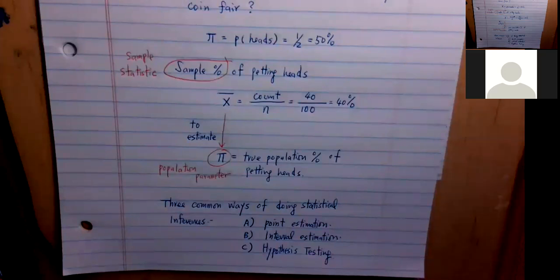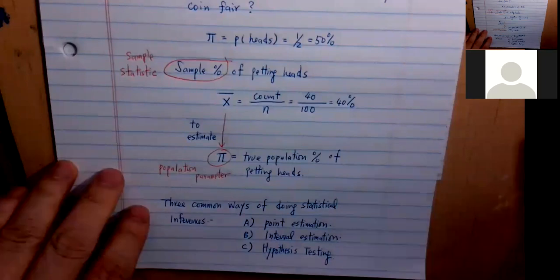Okay, let's proceed to the next page. Now, first, let's talk about point estimation. We're going to use the same example. A coin flipped 100 times and we see 40 heads.